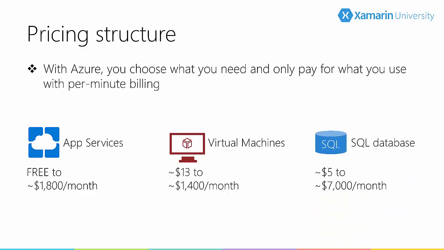Next, we have SQL databases. Again, just like we saw with virtual machines, there's a lot of variance here based upon the performance and the amount of storage that you need. There's actually two different types of databases available. Single databases or isolated databases, where you decide the scale, start at about $5 a month for 2 gigabytes of storage. At the high end, you can get 1 terabyte of storage capable of processing 350 times the traffic.